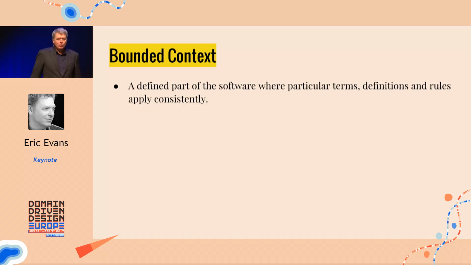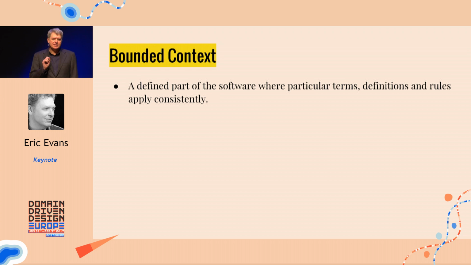Just to review, probably most people know what I mean by bounded context, and I know that there's been a lot of talk about it at the conference. But even so, I want to go through the definition a bit. I've pretty much defined it as a part of the software in which you have conceptual consistency. Of course, there are many kinds of boundaries and many kinds of consistency.